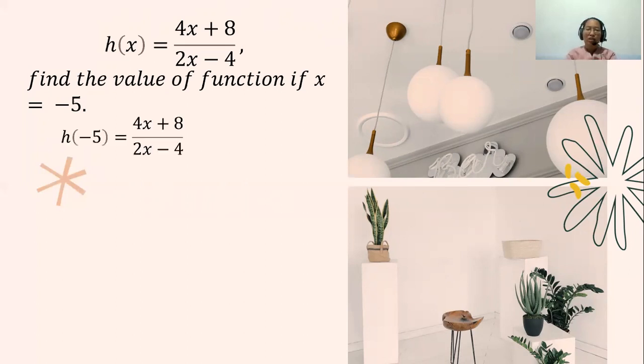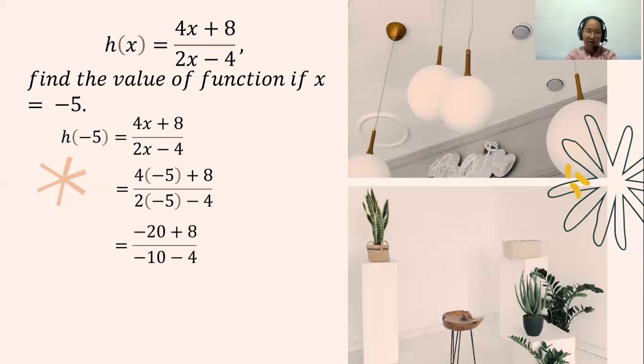Using the original function, which is 4x plus 8 over 2x minus 4, to find h of negative 5, simply substitute or replace x with negative 5. So we have 4 times negative 5 plus 8 over 2 times negative 5 minus 4. Multiply first 4 and negative 5, and that is equal to negative 20 plus 8, over 2 times negative 5, which is negative 10 minus 4.